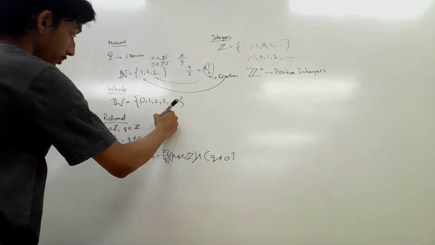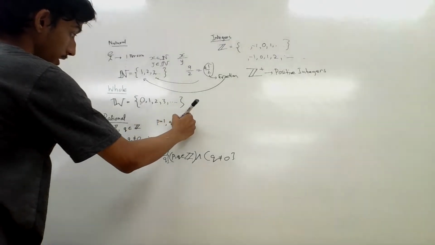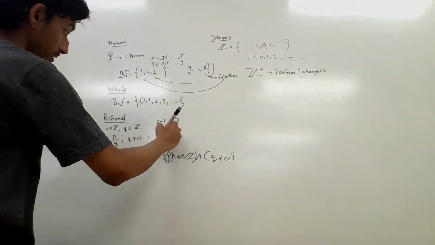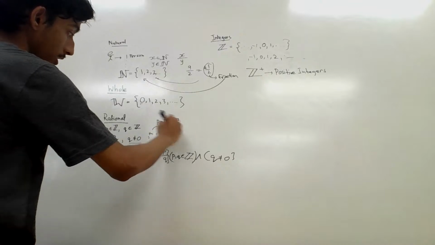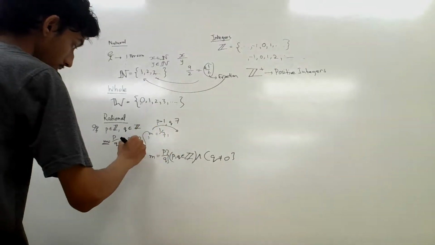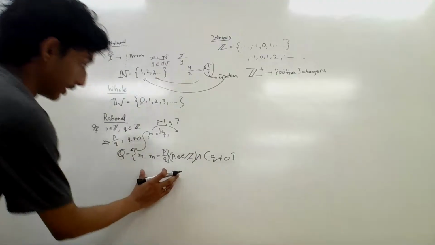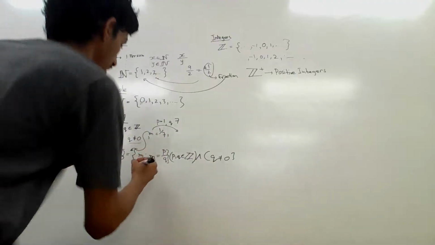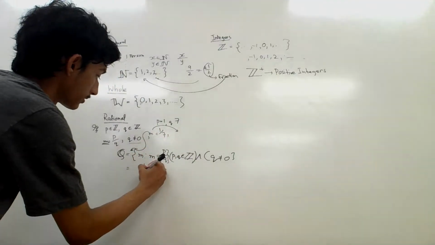For example, if you take p equals 1, q equals 7, then 1 by 7 is m. This m goes into the set called Q.